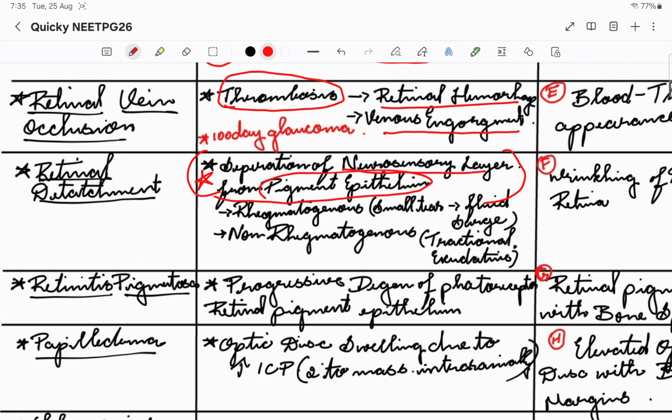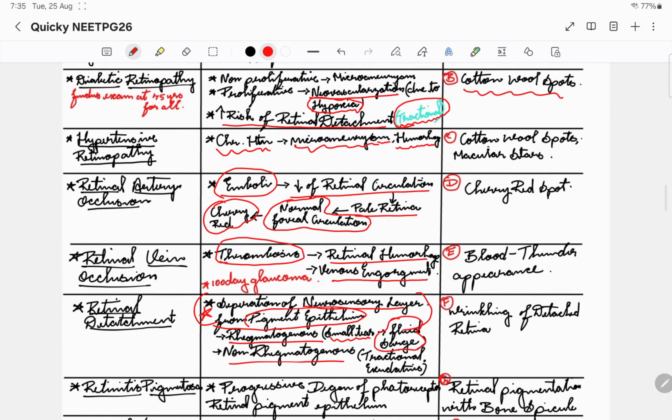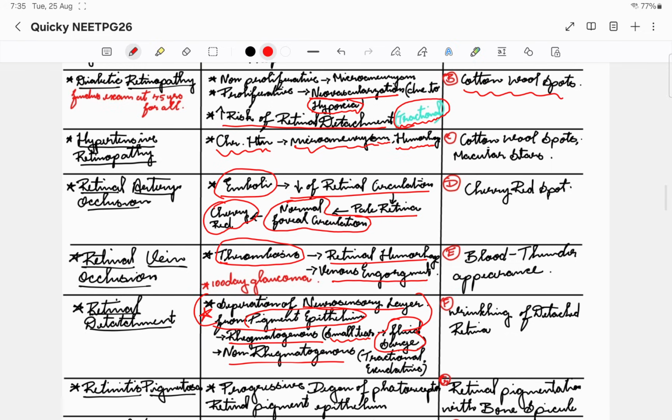Okay, so there are types, right? Rhegmatogenous and non-rhegmatogenous. So in rhegmatogenous, there will be a small tear in the retina, from where the fluid might surge. Whereas in non-rhegmatogenous, we discussed, right, with respect to diabetic retinopathy, here there is tractional and exudative.